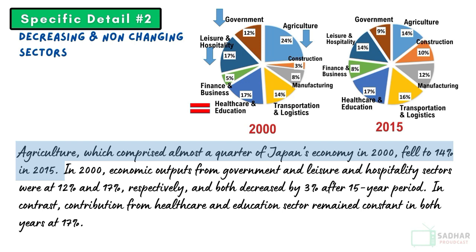First sentence. Agriculture, which comprised almost a quarter of Japan's economy in 2000, fell to 14% in 2015.